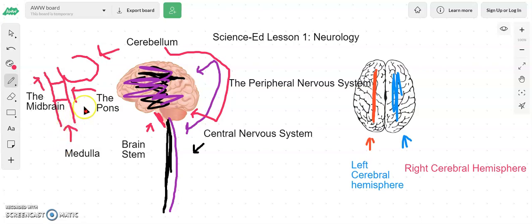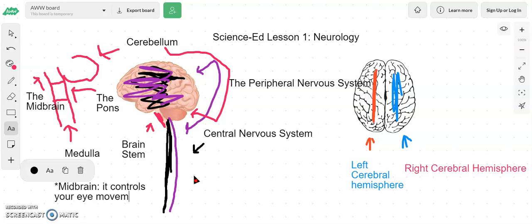That's a really key thing that I want you to remember. Actually, let me write it right here. Midbrain: eye movement.